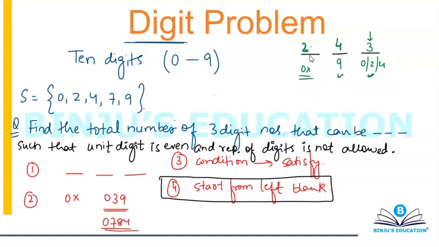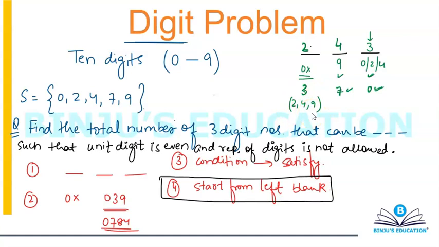Or if you go the other way around, that is, if I'm using 0 at one of the 2 positions, that is at the second position or at the third position. Let's suppose I use 0 at the third position and then I use 7 at the second position. Then how many possibilities do I have? Now in this case I have 3 possibilities. 2, 4 or 9, all 3 of them will satisfy.